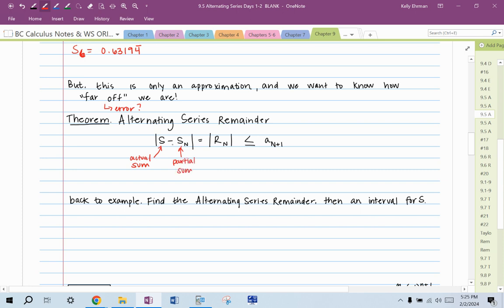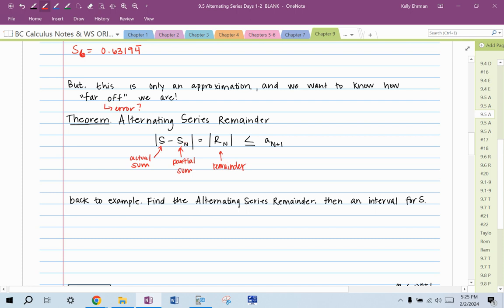So the difference between those two, in absolute value, meaning we don't care if it's a positive or negative difference, just the difference between those 2 values, how far off we are, we call that the remainder. And again, we're putting an absolute value around it because we don't care if it's positive or negative.